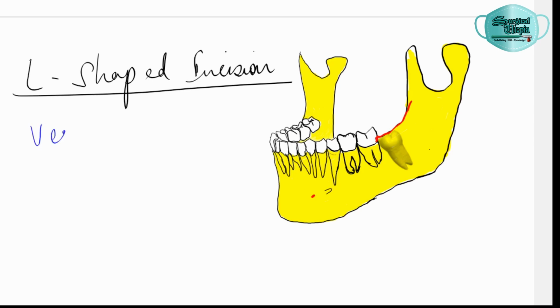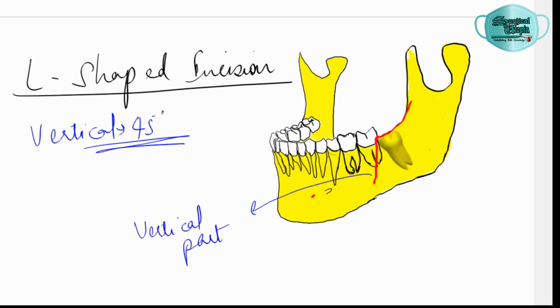So the vertical part will be aligned at a 45-degree angle and it will move in a downward and anterior fashion without the curve that is present in the Ward's incision. This over here is our vertical part. This was the clavicular and this was the distal part of the incision.